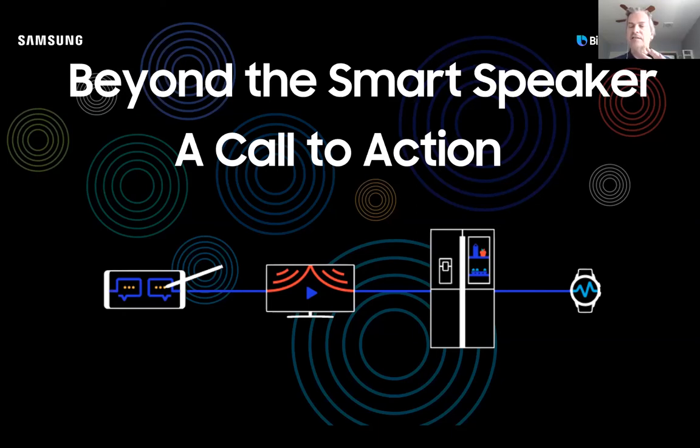Maybe they're complementary, or maybe you're in a game and you play a different role in the watch than you do in the TV. I just think there's a ton of creativity that can be unlocked by these additional devices. And that's why I say it's a call to action to the industry.